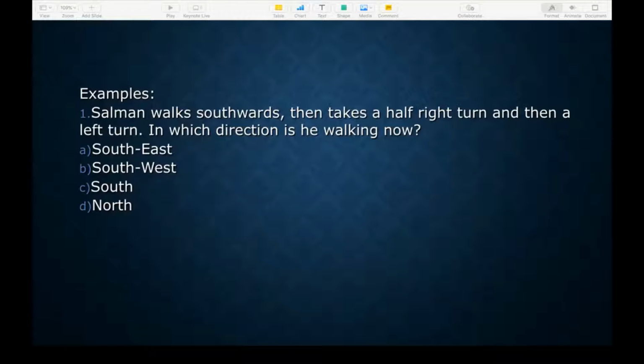Salman walks southwards. Imagine that you are walking south and then you are taking a half right turn. What is the meaning of half right turn, guys? If you take a complete right, you move 90 degrees. So if you are taking a half right turn, you are moving 45 degrees.